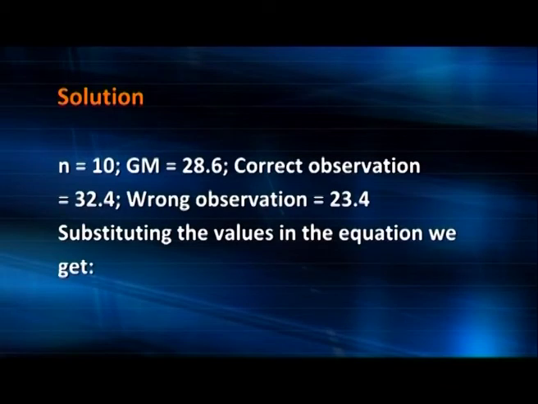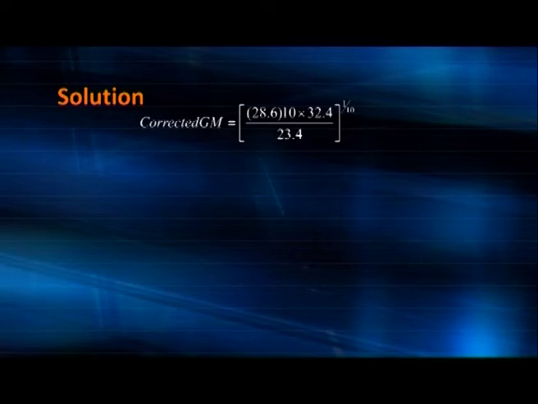So, we know that n is equal to 10. Calculated GM is 28.6. Correct observation is 32.4 and wrong observation recorded was 23.4. Substituting the values in the equation, we get correct geometric mean is equal to the product of the geometric mean 28.6 and the correct value 32.4 divided by the wrong observation 23.4, to the power of 1 by 10.